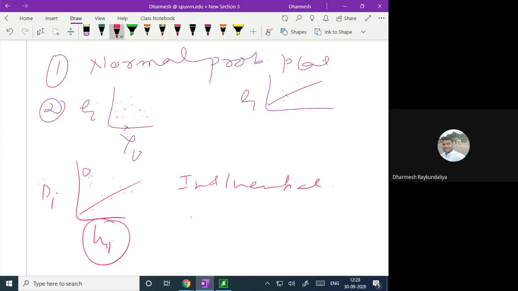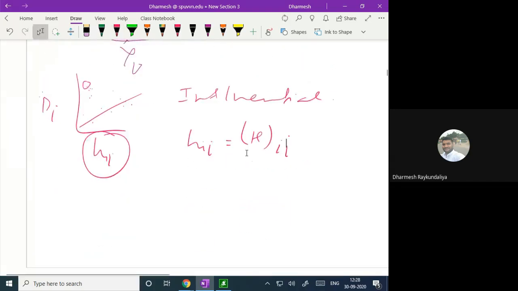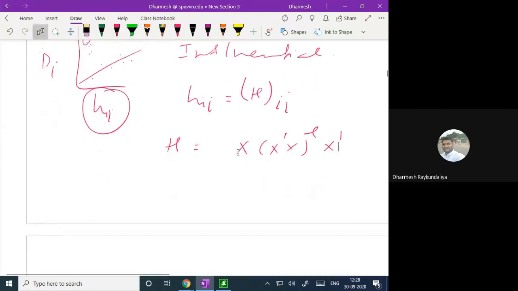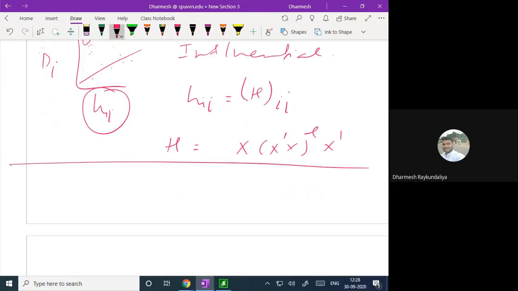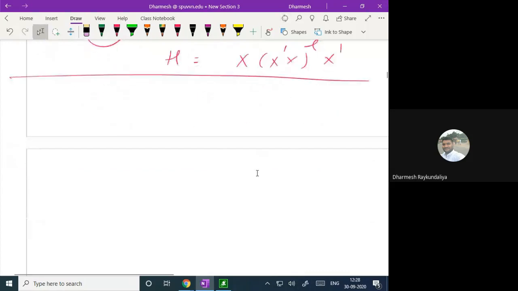And how to obtain h_ii? h_ii is nothing but you have to calculate the hat matrix, and you take the diagonal values of the hat matrix, which give the leverage values, and the hat matrix is X(X'X)^-1 X'. Okay. This is all about the regression theory when the epsilon has the normal distribution.